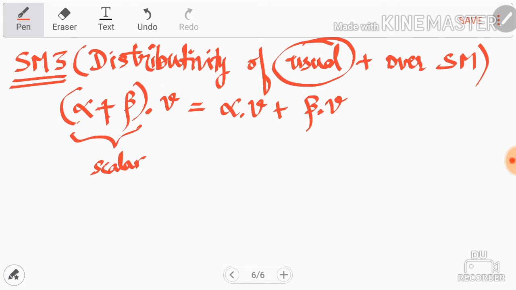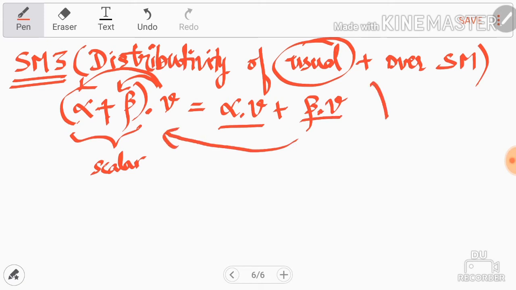So here I am simply saying that this is being distributed inside. So alpha times v plus beta times v is same as (alpha plus beta) times v. And this is true for every alpha and beta belonging to the set of scalars, set of real numbers, and for every vector v belonging to V.